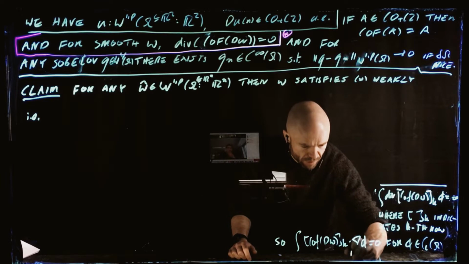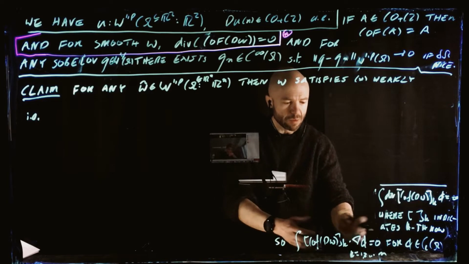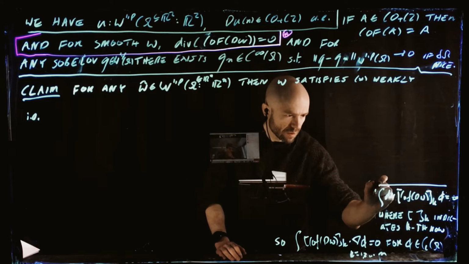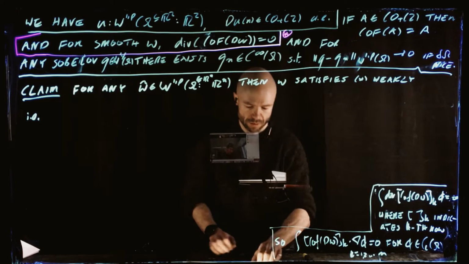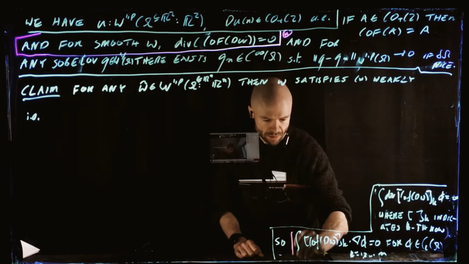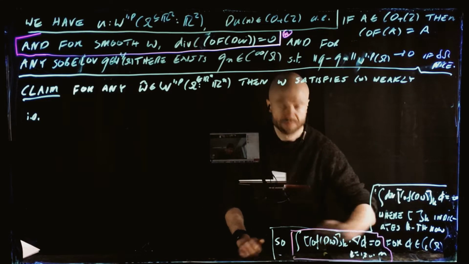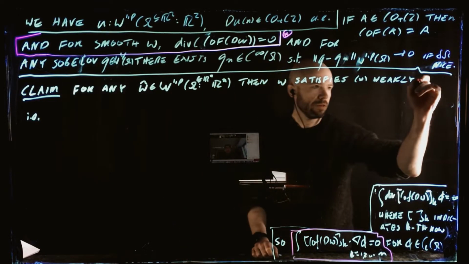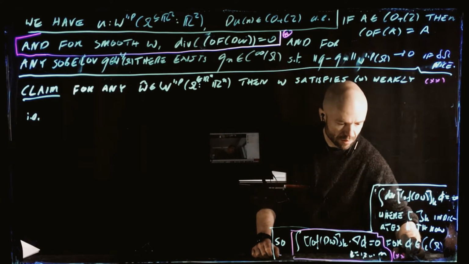That's equal to 0 for k equal to 1, 2, ..., n. And this thing is what we call the weak form of the equation, which we'll call star star star star.